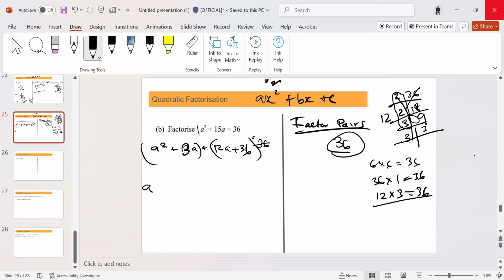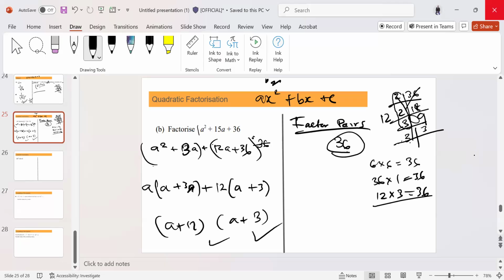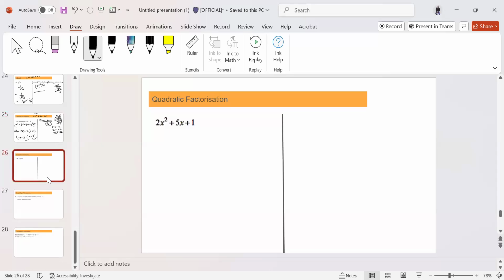Here the highest common factor will be 3a plus, here will be 12. 12 goes into 36 3 times. Uncommon with uncommon, and then you end up with something that looks like that. Apologies, guys, I was going rather way too fast on this one.